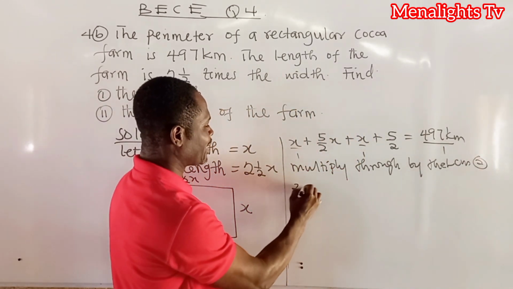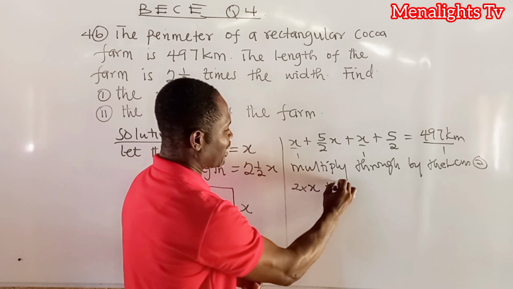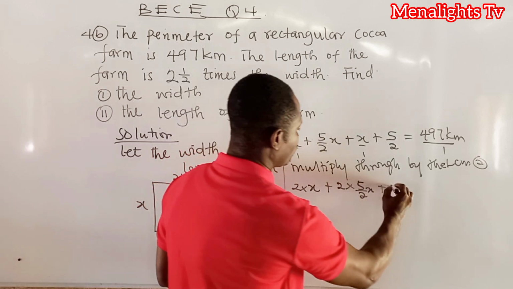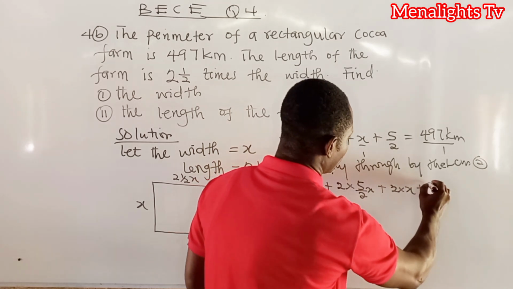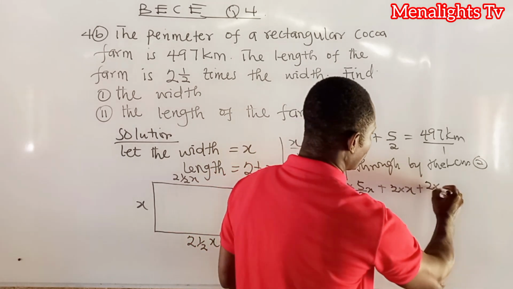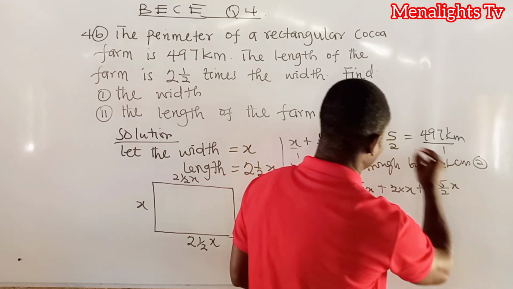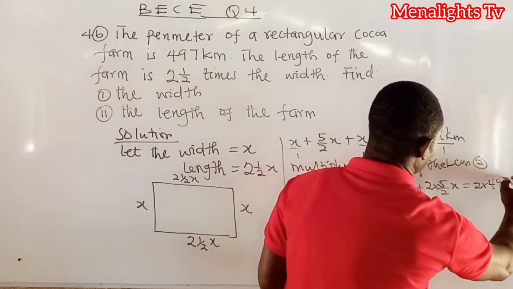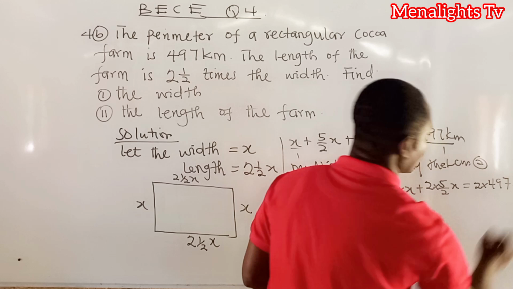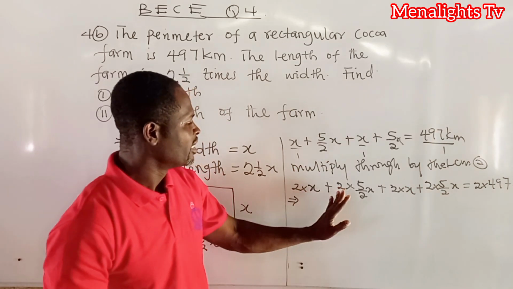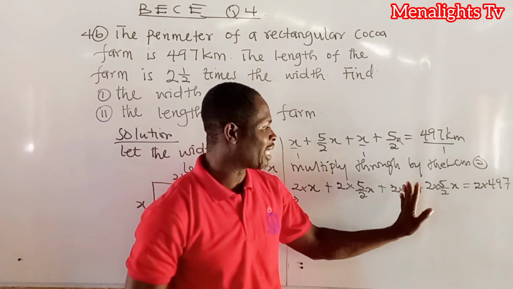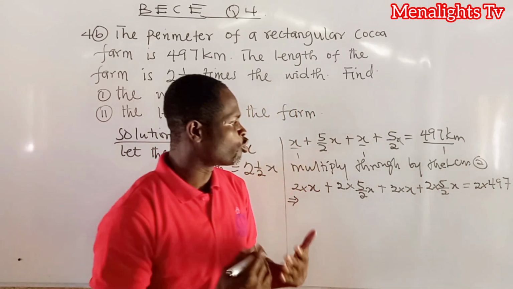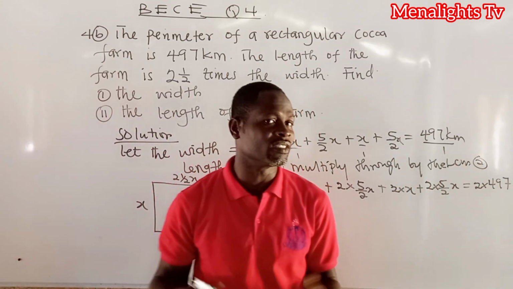So we have 2 times x here, plus 2 times 5 over 2 x, plus 2 times x plus 2 times 5 over 2 x, which is equal to 2 times 497 kilometers.